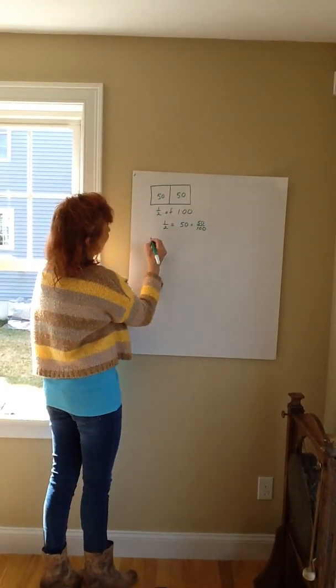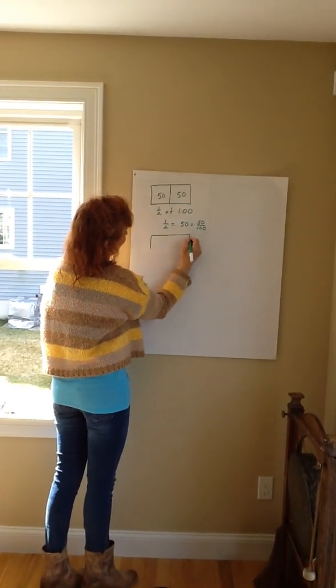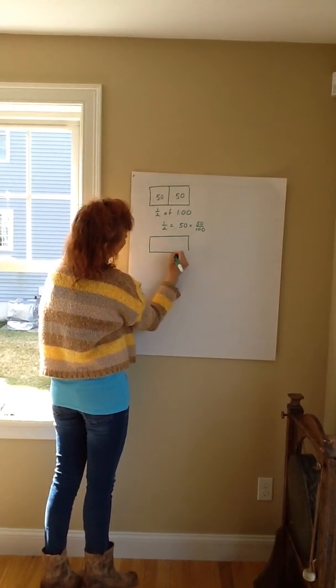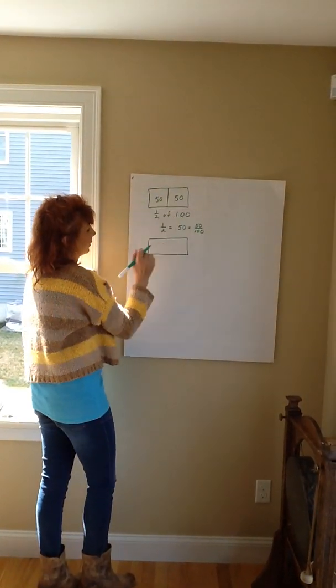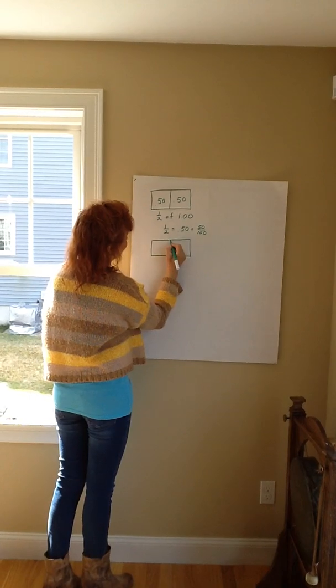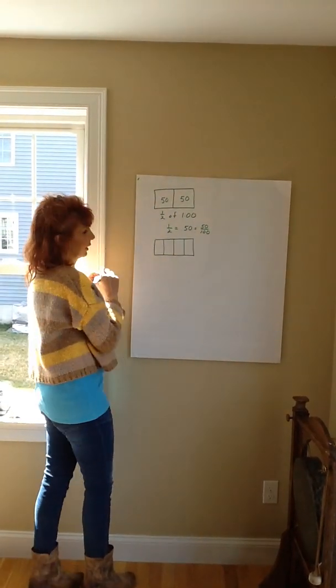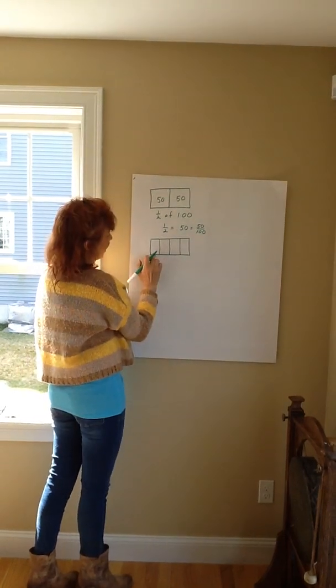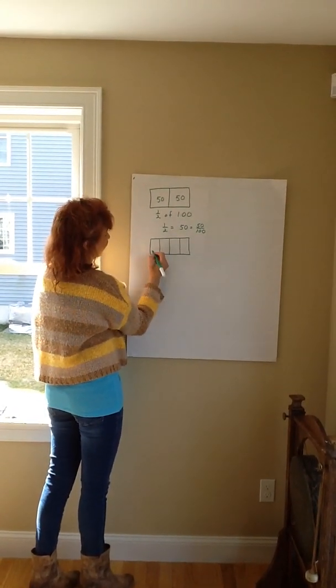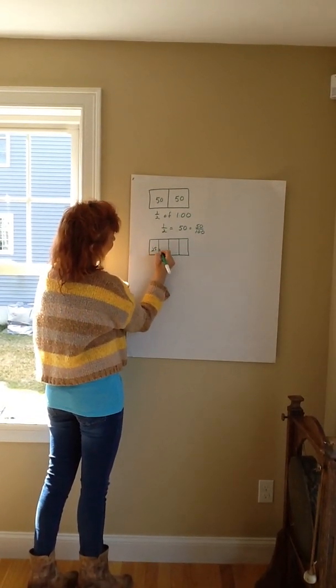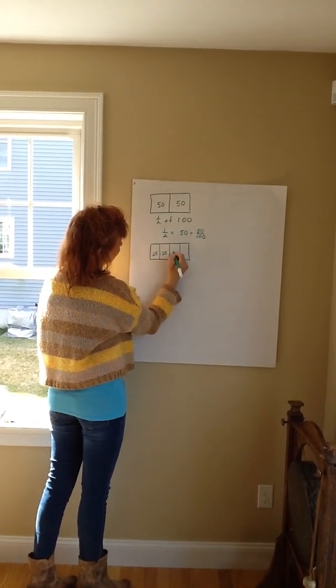Okay. Another way we divided the whole, which should be the same size as the model above, we divided it into 4 equal pieces. And if you recall, that meant that each piece would be 25 cents.